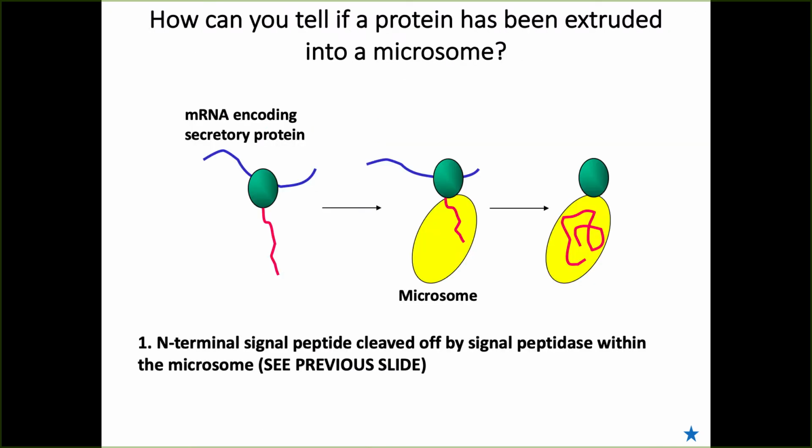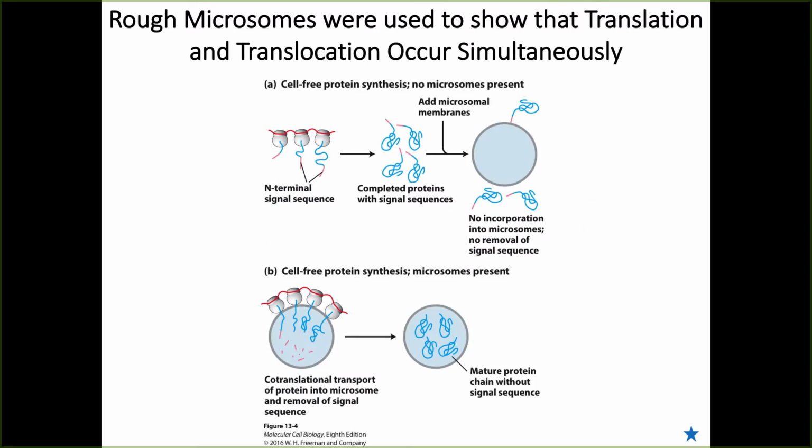Another example of this: the protein is being made on the ribosome, the blue thing is the mRNA and this pink thing is the protein coming out. When microsome is present, this protein goes into the microsome. This cannot happen without the microsome during the translation. If you translate the protein beforehand and after that you add the microsome, this does not happen.